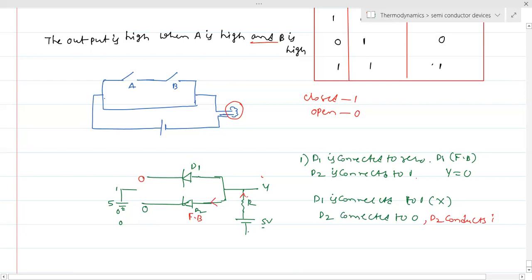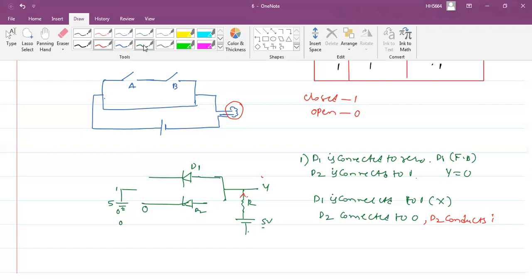And to D1 we are giving 1, that is 5 volts. When 5 volts is given to the negative plate, it will not work. D1 does not work, only D2 conducts. In this way we are understanding the diode related diagrams.